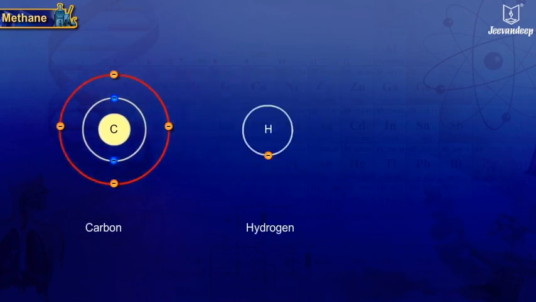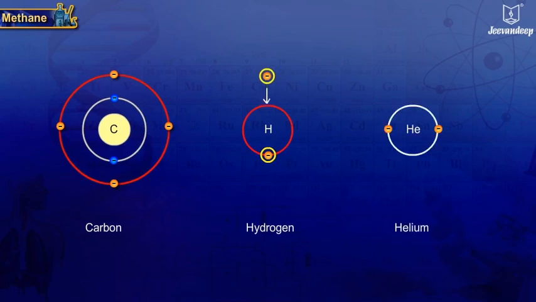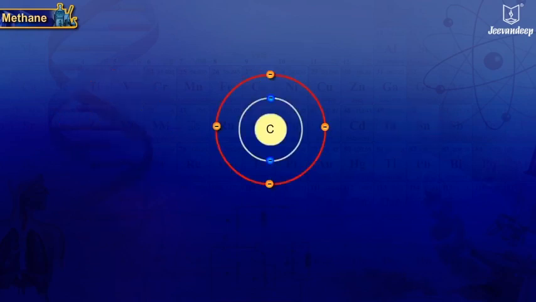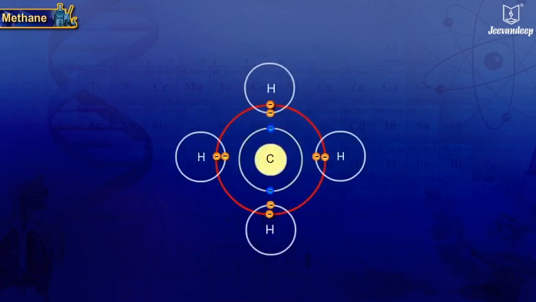Hydrogen has 1 electron in its first shell and requires 1 electron to complete its duplet like helium. To complete its octet, 1 carbon atom shares its 4 outermost electrons with 4 electrons of 4 hydrogen atoms.